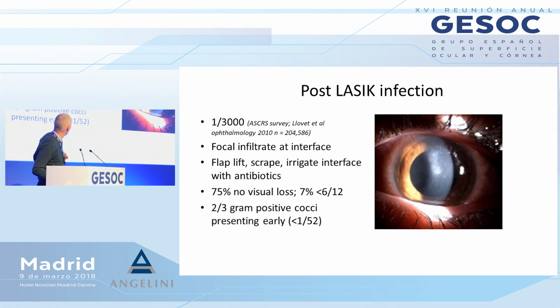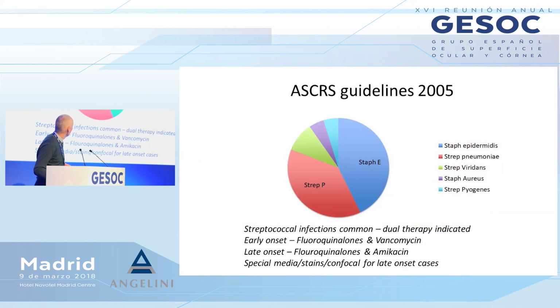It's usually the gram-positive cocci when it does occur now, but I haven't seen a case for over 5 or 6 years. And this makes the point about the kind of organisms you see, and if it's an early presentation after LASIK, fluoroquinolones are absolutely fine. We don't really see the late presentations so often now, the atypical mycobacteria, now that we do not have rapid sterilization.